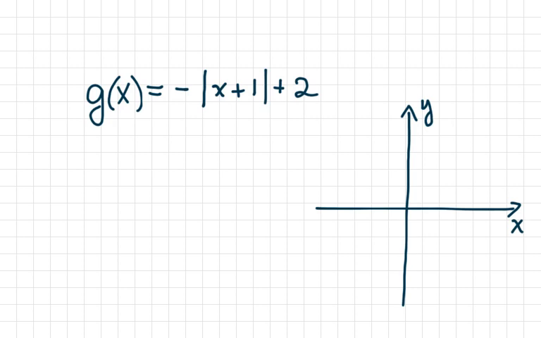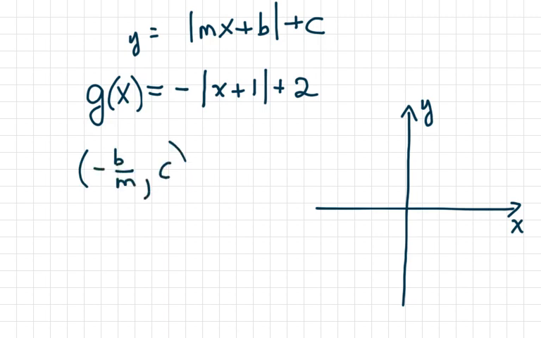You don't have to write this down every time, but it might help to write it down once or twice right above the actual function you're trying to find the vertex of. So we know that the vertex is the point negative b over m, comma c. And that is an actual point that we can graph over here. We need to figure out what that is.